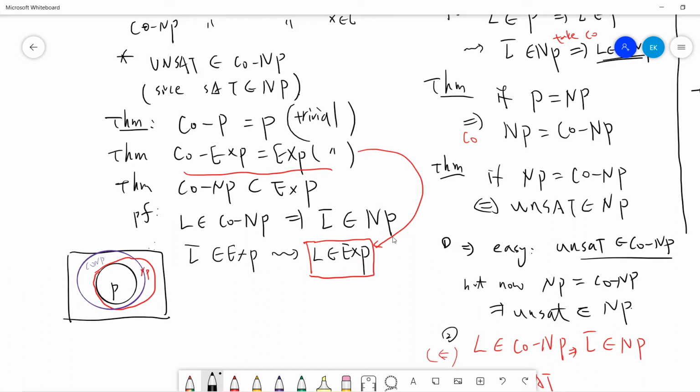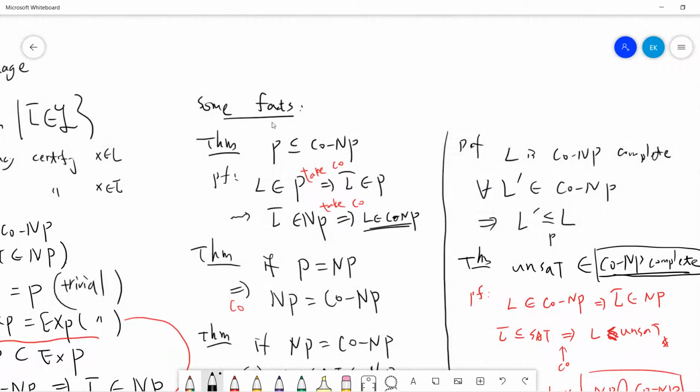But we also know that NP is a subset of EXP. So L bar belongs to the negation of EXP. Taking co on both sides, we get L belongs to EXP. So we prove that if L belongs to co-NP, then L belongs to EXP. The possible diagram is that NP and co-NP both contain P.